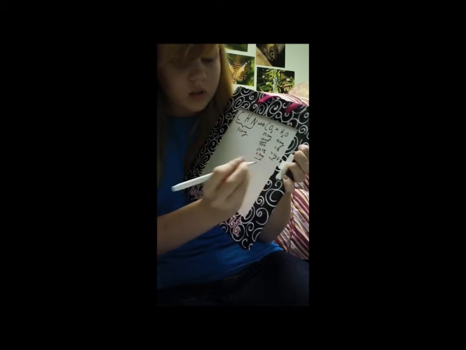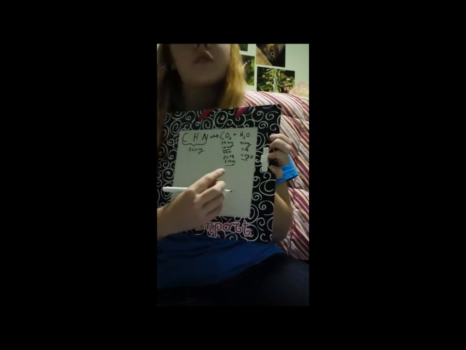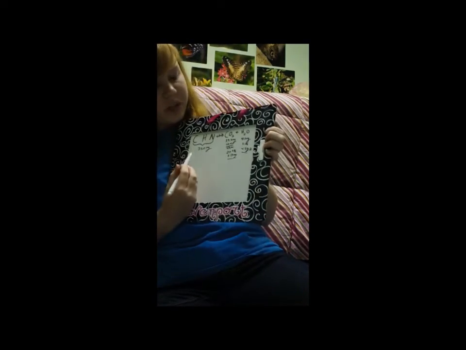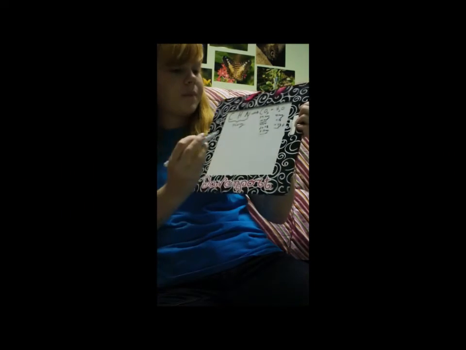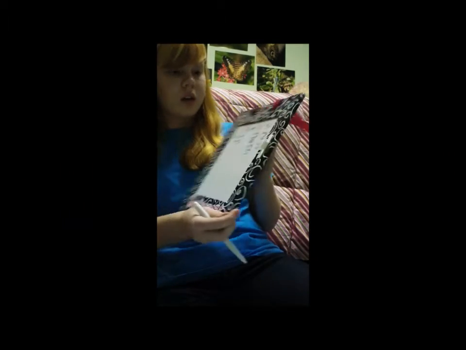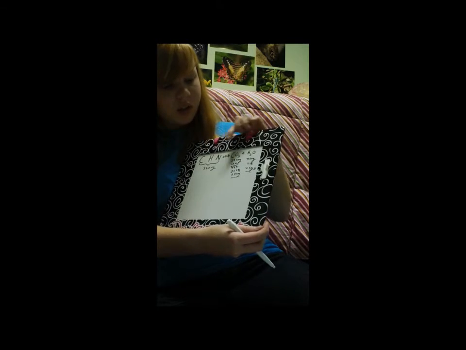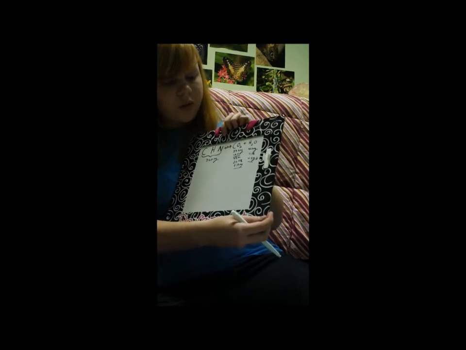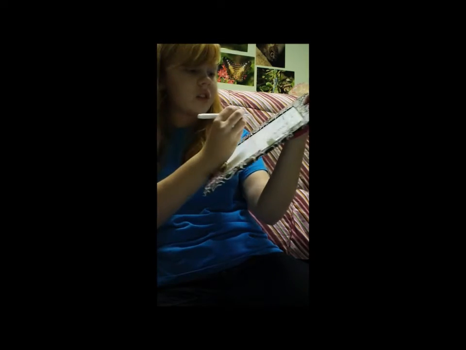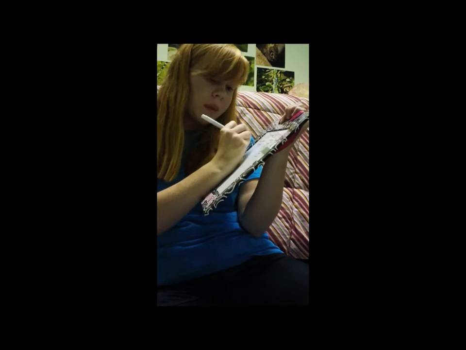Now, using these two, using the law of conservation of matter, we know whatever is on this side is going to end up on this side. So we know that there will be 9.14 milligrams of carbon on this side and 4.57 milligrams of hydrogen on this side. Let's write that down.